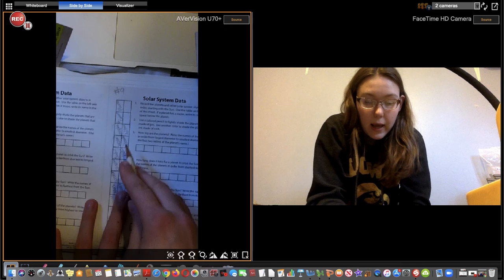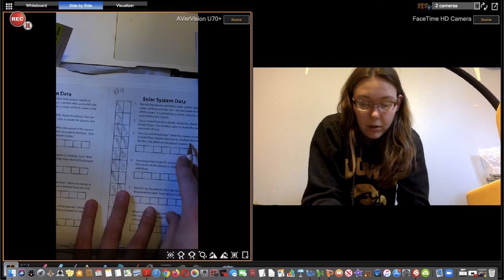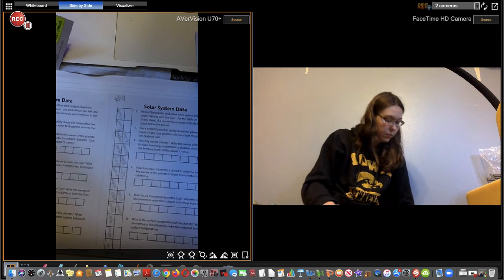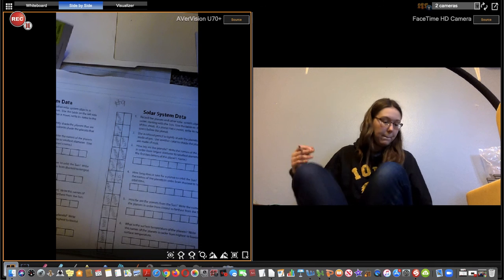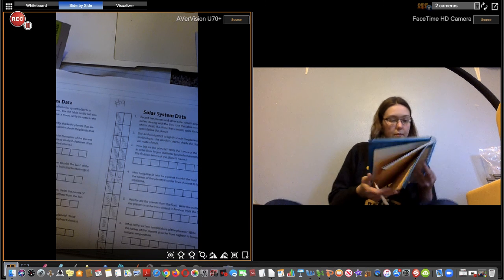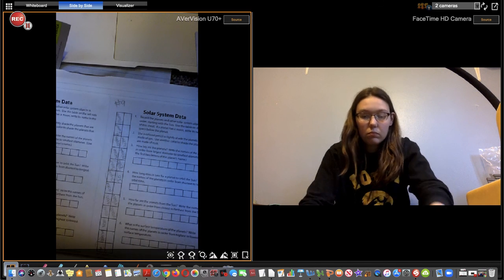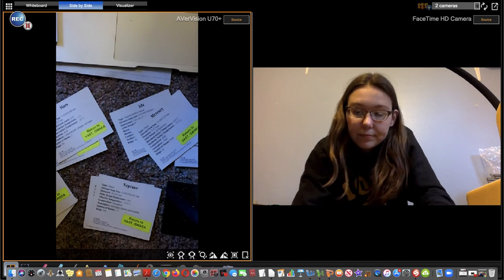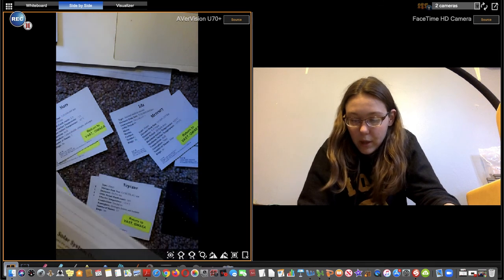Now what we're going to do, how big are the planets? Write the names of the planets in order from the largest diameter to the smallest. All right? So, which one's the largest? Which one's the smallest?